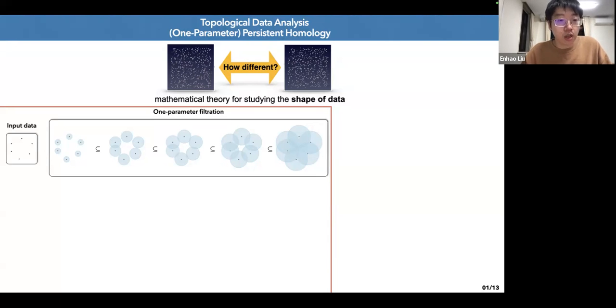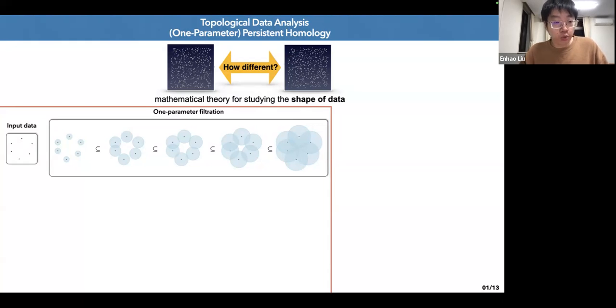Each point becomes the center of a closed ball, and the radius of each ball is the parameter. We increase the parameter and we get this nested sequence of topological spaces, as you can see in this picture.